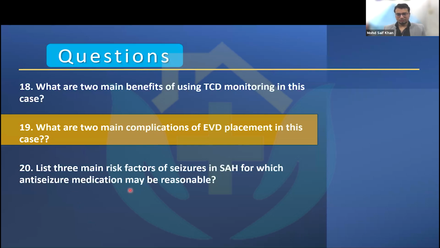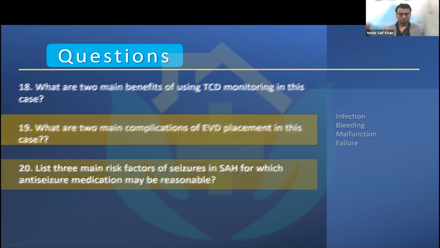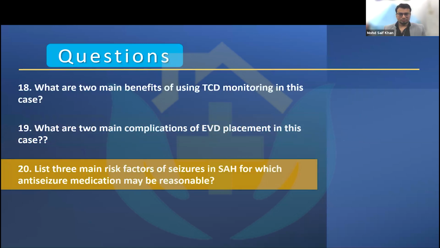List the main risk factors of seizures. This is also important. You will not start anti-seizure medication in all cases, so what are the various risk factors? Rupture of an anterior circulation aneurysm is more likely to cause seizure.